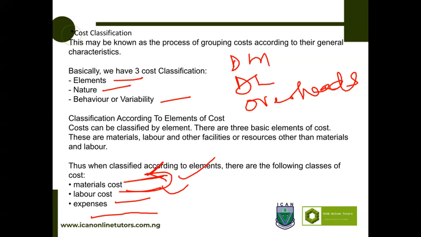After that, we looked at the cost classification, we looked at the cost terms, and we were also able to discuss the costing method and the costing techniques, in which we said the costing method is a way by which we apply the costing techniques in the course.